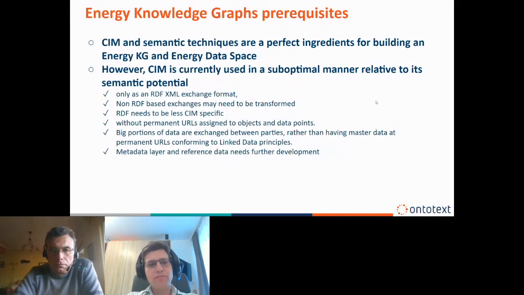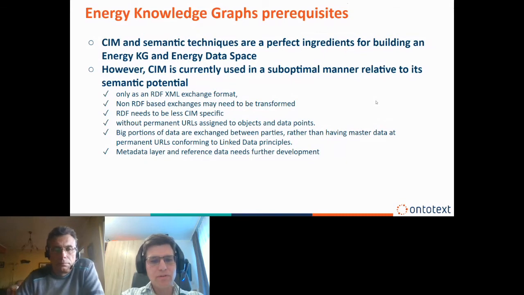But what we acknowledge in the CIM community is that we need to go close to the linked data principles, and there are certain things in CIM that could be improved to be more aligned.